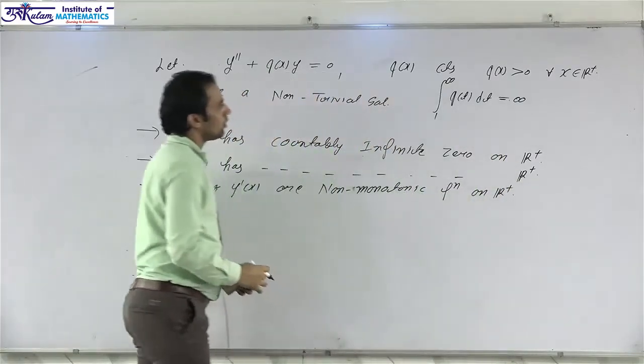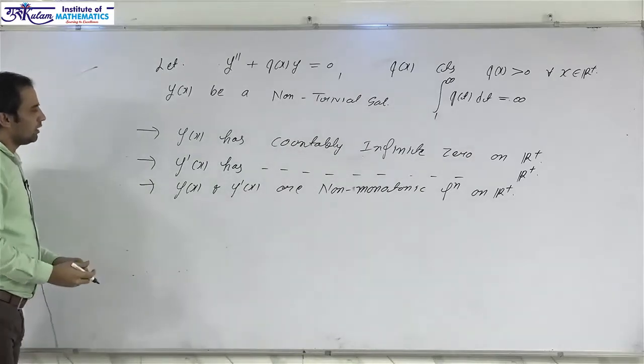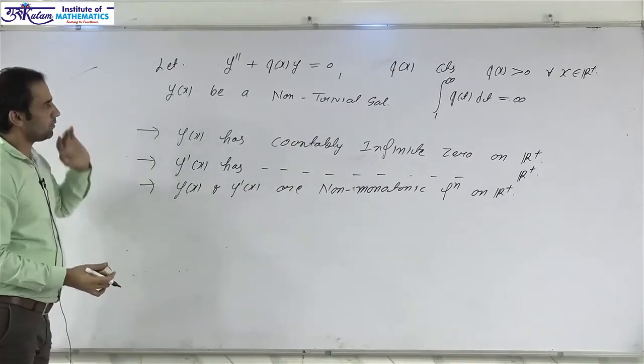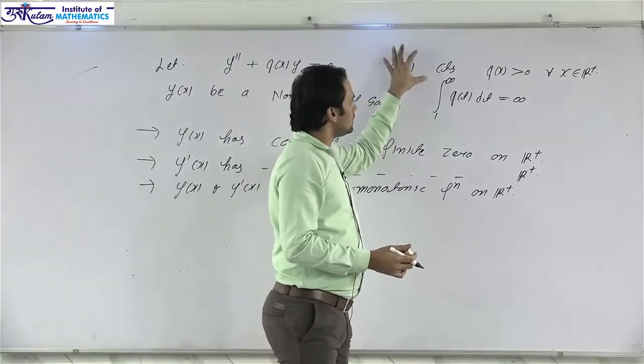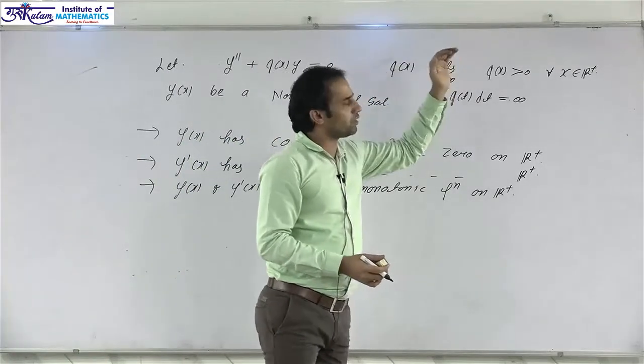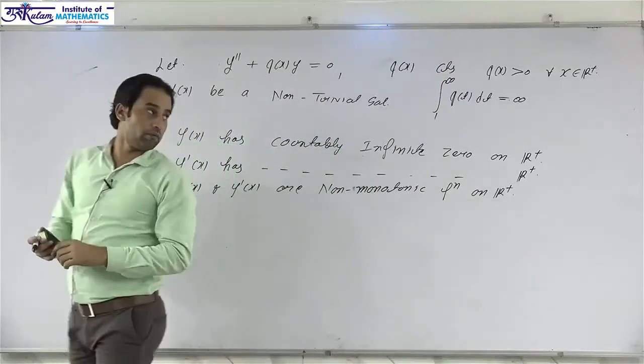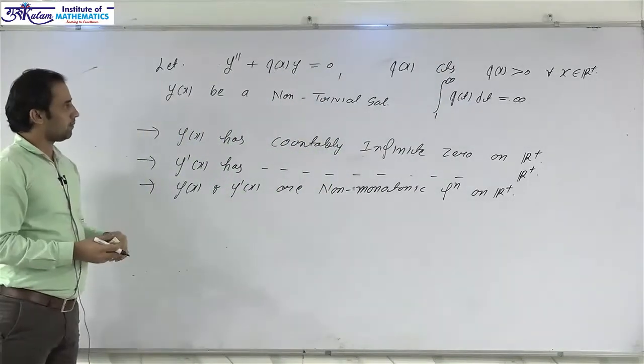Both are non-monotonic functions. So these are three most important properties for this second order differential equation, for which q(x) is continuous and q(x) is greater than 0 for every x in R plus.